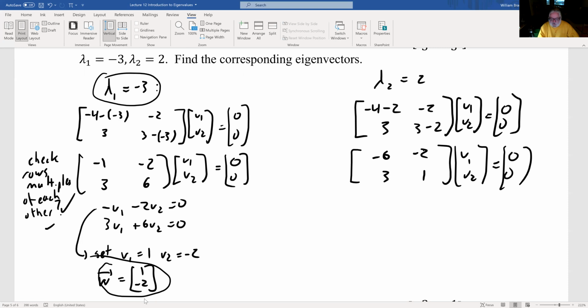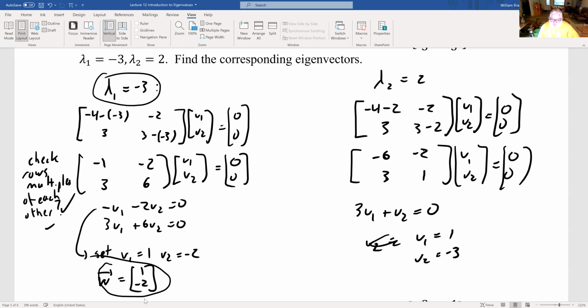It is an eigenvalue. So then we'll take the bottom equation, which is 3 v1 plus v2 equals 0. If I set v1 equal to 1, then v2 would be equal to -3. And that gives me an eigenvector.